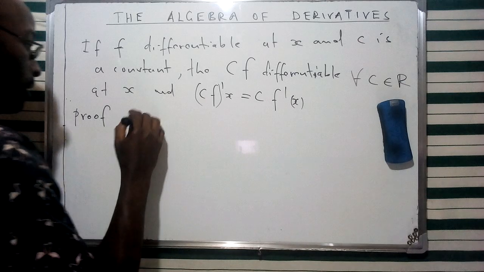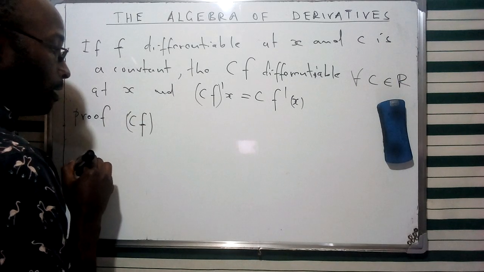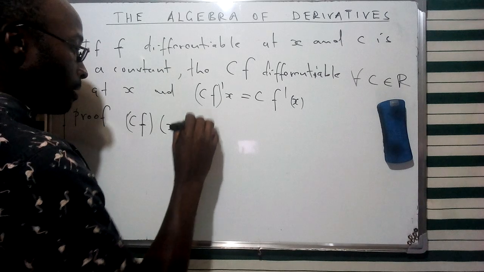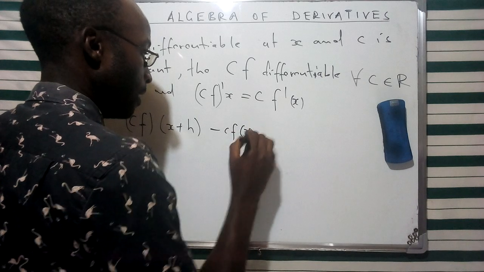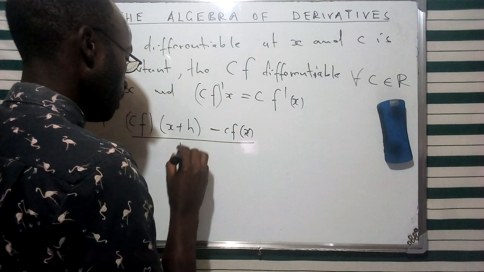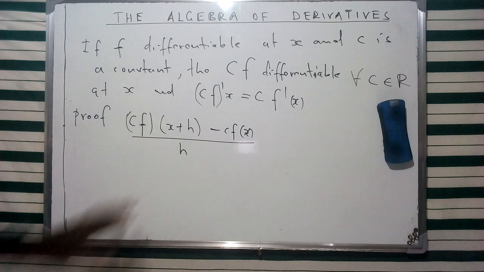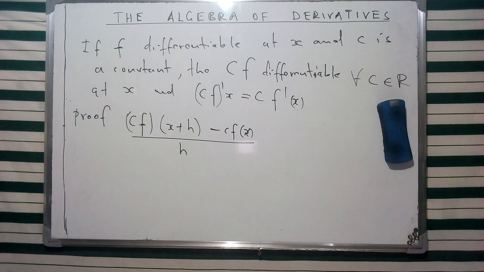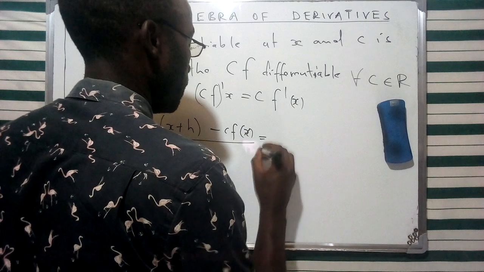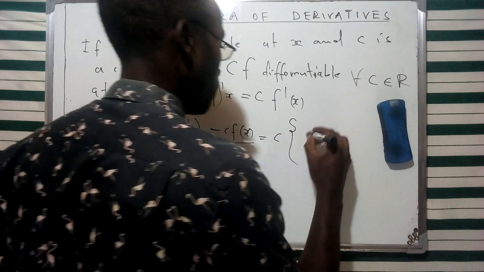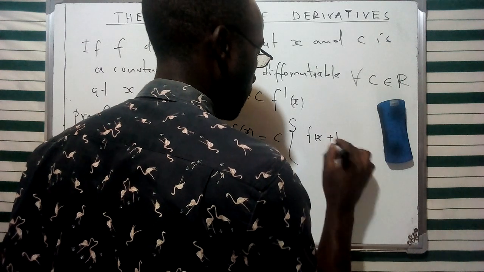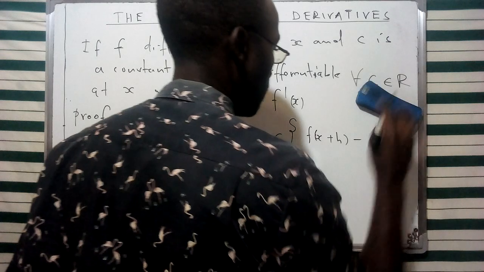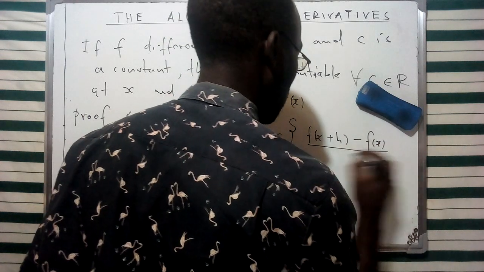And of course, as we said, this is going to represent f from a general illustration of a derivative. So we're going to have this as c f(x plus h) minus c f(x), all over h. So therefore, this is going to be c times f(x plus h) minus f(x), all over h.